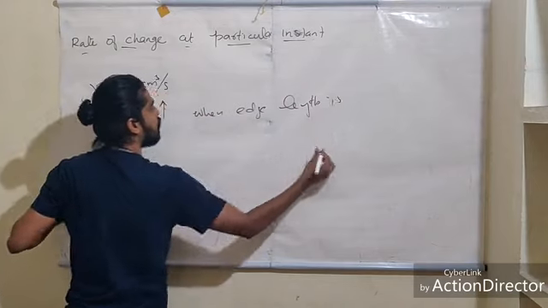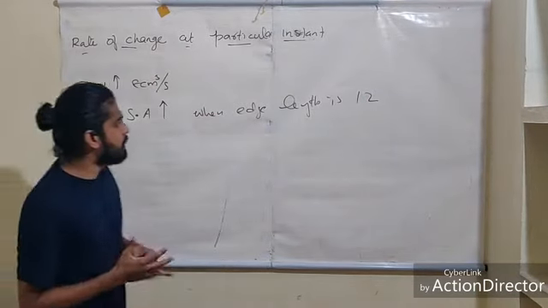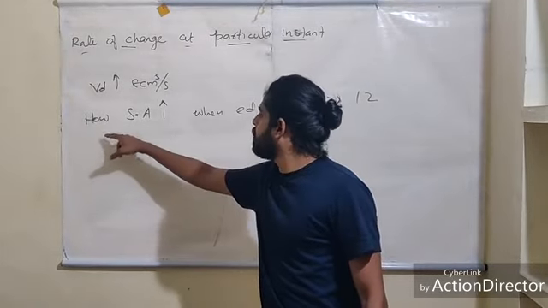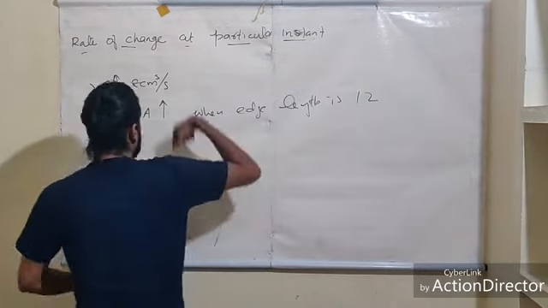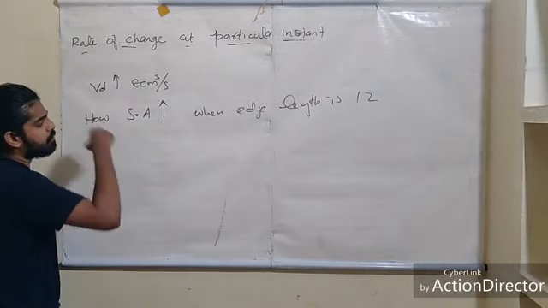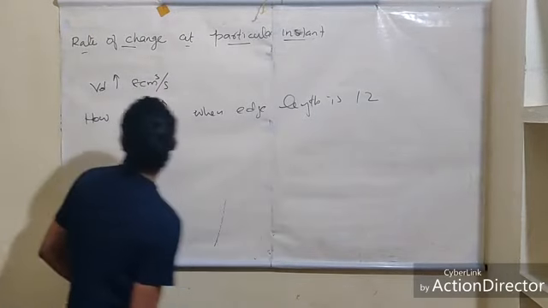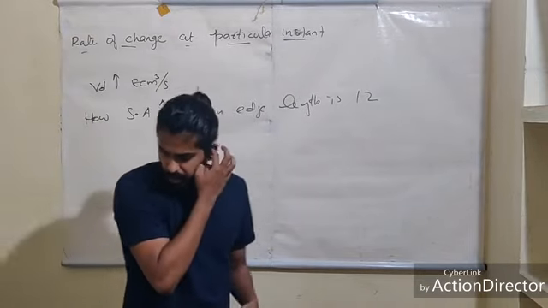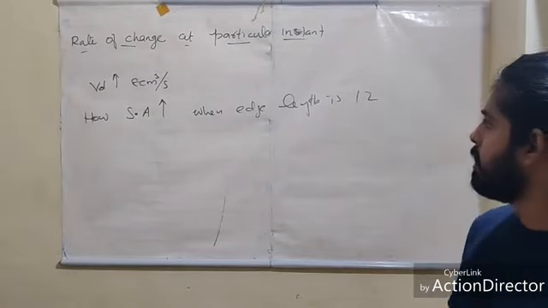The volume is increasing at 8 centimeter cube per second, and we have to find the rate of change of surface area, how fast the surface area is increasing, when edge length is 12 centimeter. So the rate of change of volume is 8 centimeter cube per second.